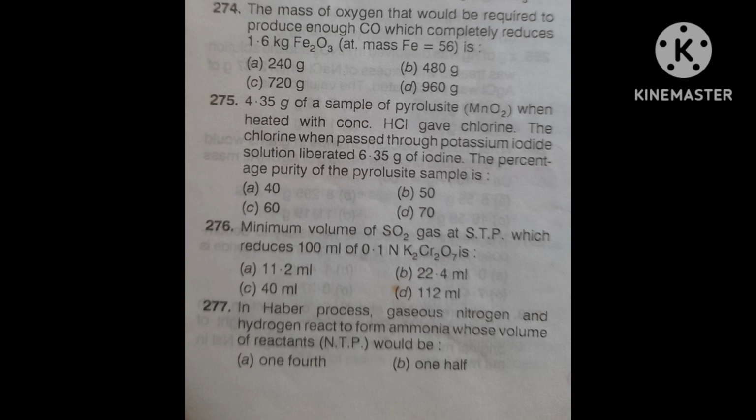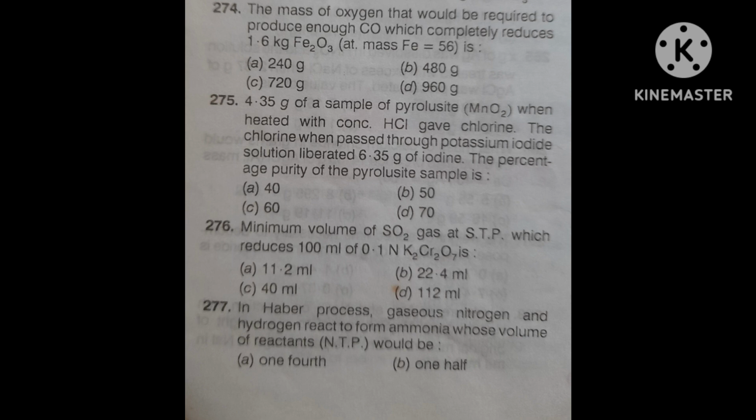The molecular mass of K2Cr2O7 you can calculate: K2 is 39 into 2, 78; Cr2 is 52 into 2, 104; and O7 is 7 into 16, 112. In total you will get 294, in kg.